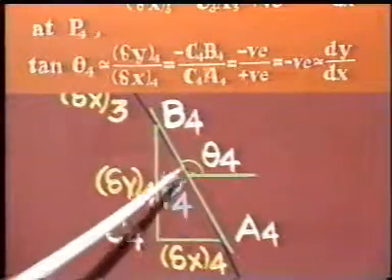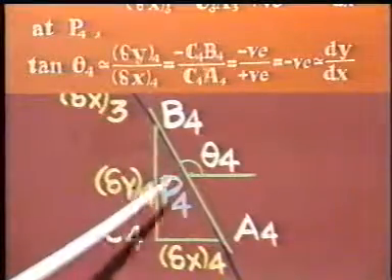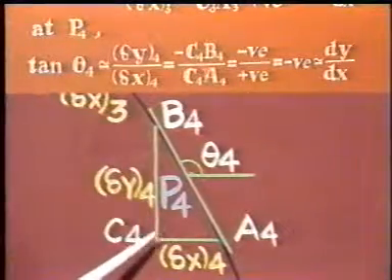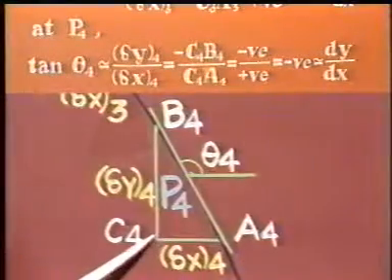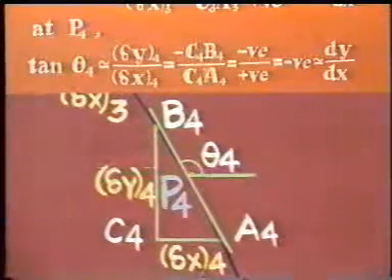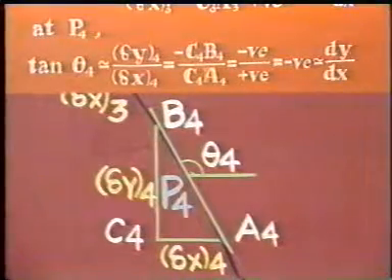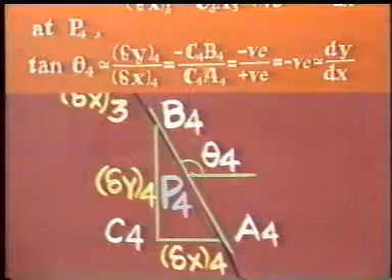Similarly, at point P4, tan theta 4 is approximately equal to delta y4 divided by delta x4, which is equal to minus C4B4 divided by C4A4, negative divided by positive is negative, and is approximately equal to dy upon dx.